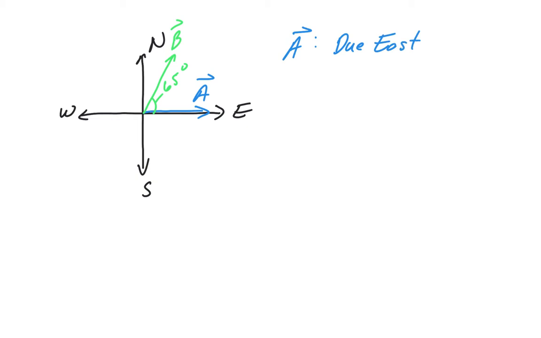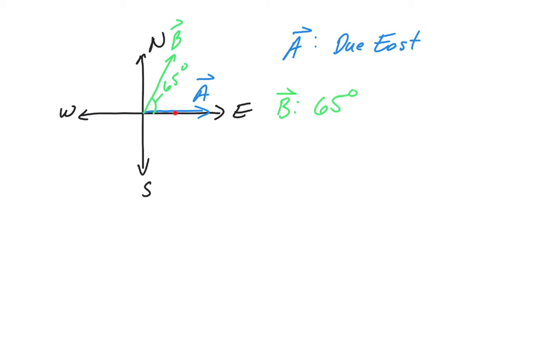When I'm looking at B, B is a little tougher because B isn't due east, and it's not due north straight up, so it's northeast. But northeast is a big range, right? It's pretty much anywhere in here would be northeast. So we have to be more specific. So we're going to say that B is at an angle of 65 degrees, and I'm going to measure that angle from the east.